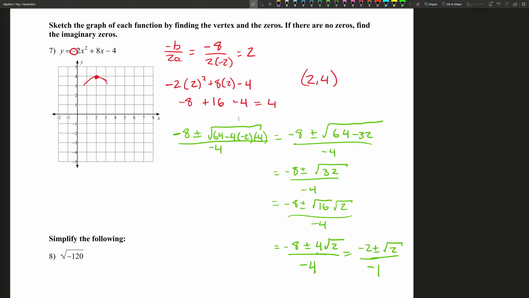That's like a half. And so that's like right here. And then negative 2 minus rad 2 divided by negative 1 is like 3.5.